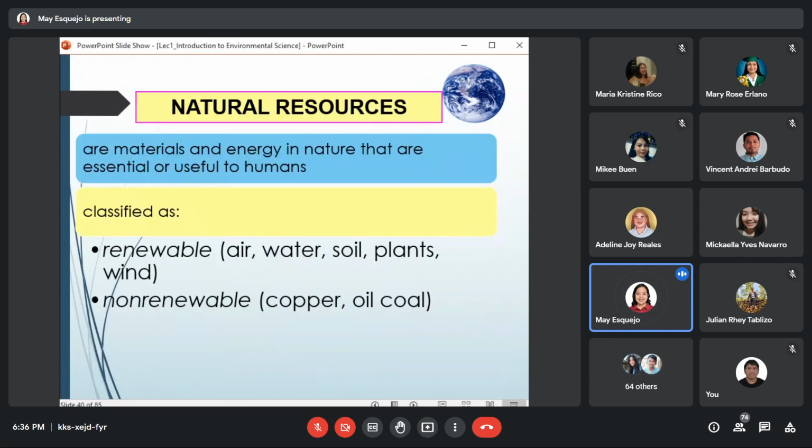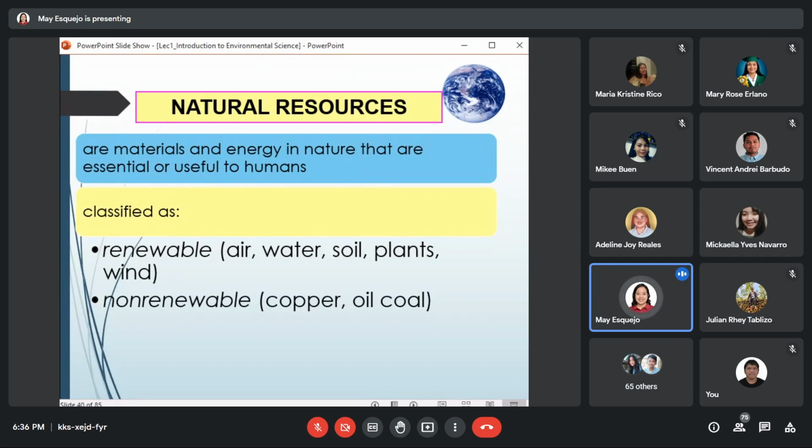Okay. So we have the natural resources. So this is the materials and energy coming from the nature. Okay, natural siyang binibigay ng environment or ng kalikasan that are essential and useful to human for their survival.